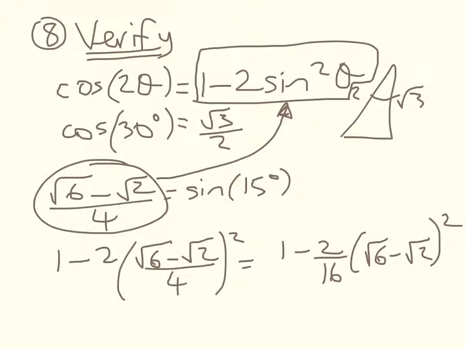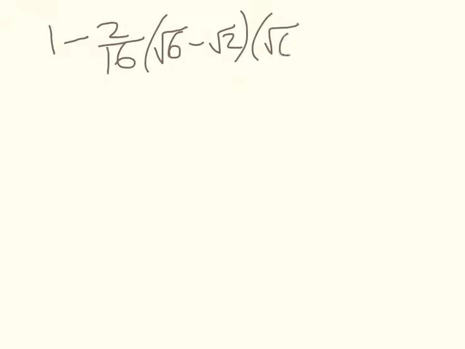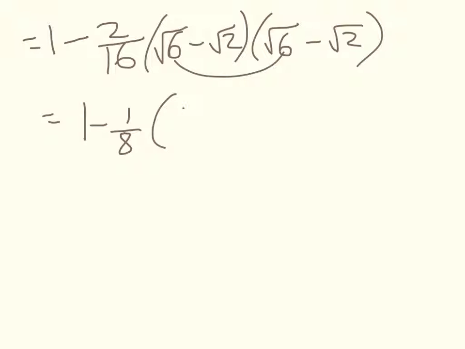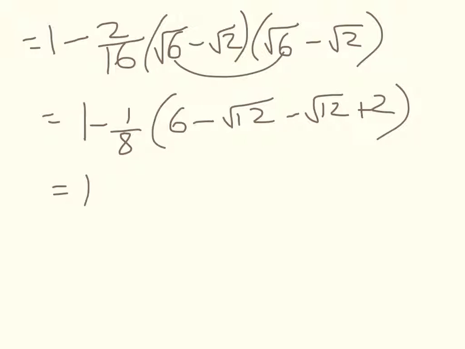So we've just got a little bit of manipulation to do there. We get 1 minus 2 on 16, root 6 minus root 2 squared, so write that out, which equals 1 minus 1/8 of 6 minus root 12 minus root 12 plus 2. This is good practice for when we get to complex numbers.